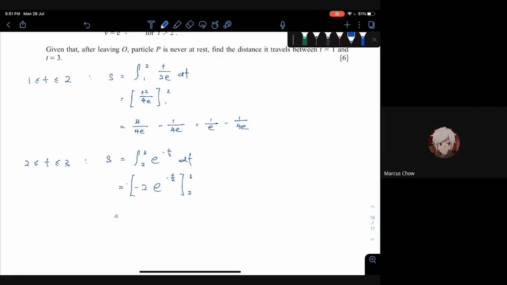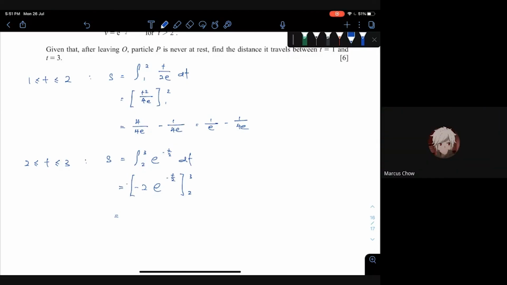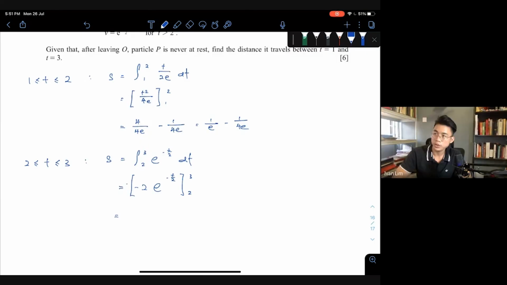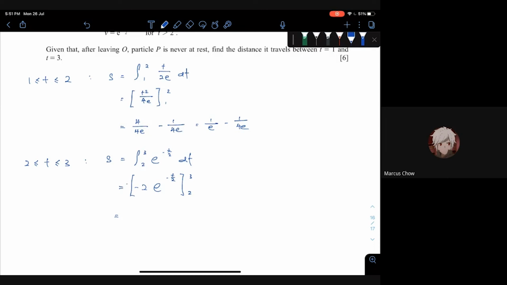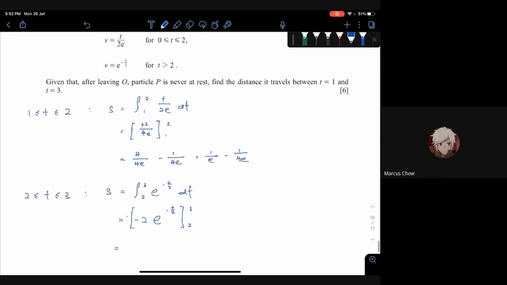Teacher, I cannot just sub 1 in, right? Because it's 1 second. For which one? For this one. No, because it's at the 3rd second. I thought it was going at the same speed the whole time. No, do you understand the question or not? It doesn't work that way.